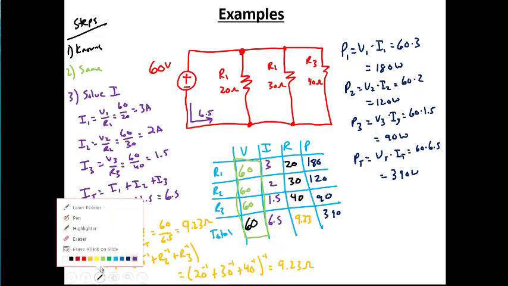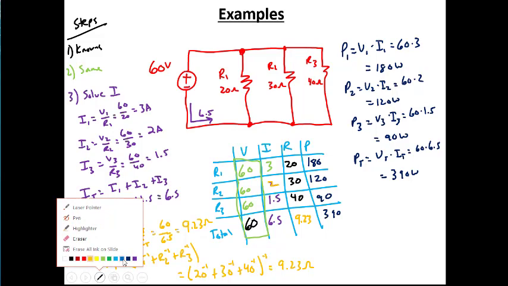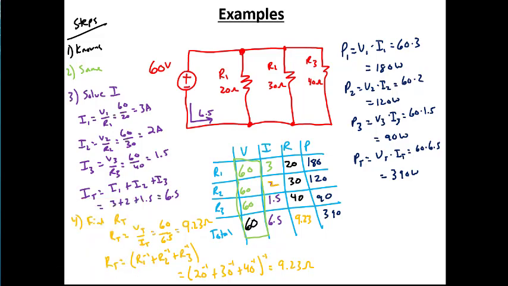And then let's draw these currents in different colors here. I'm going to draw this one as 3, this one as 2, and this one as 1.5. That way we can see it a little bit better when we go up here.